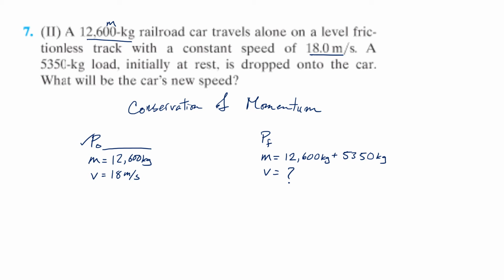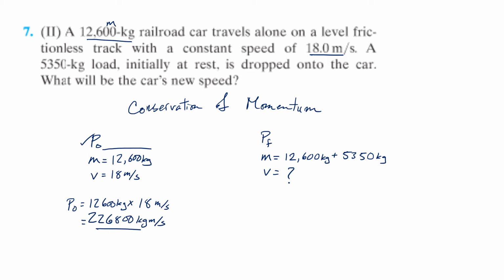If we multiply, p0 is equal to 12,600 kilograms times 18 meters a second. If you just punch that in and multiply it, you get 226,800 kilogram meters per second. Good.